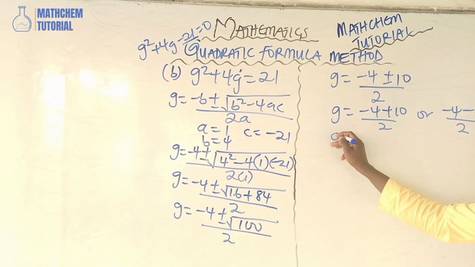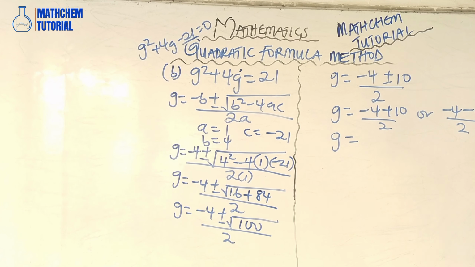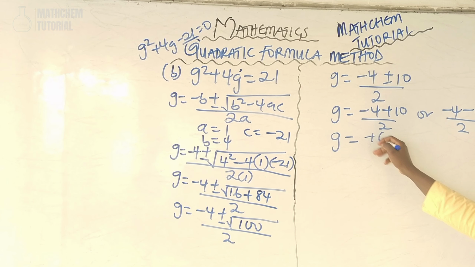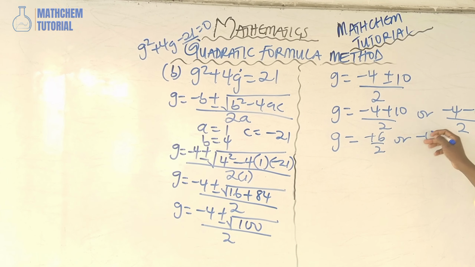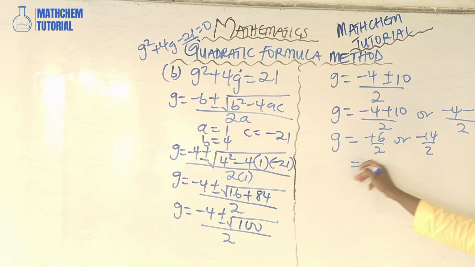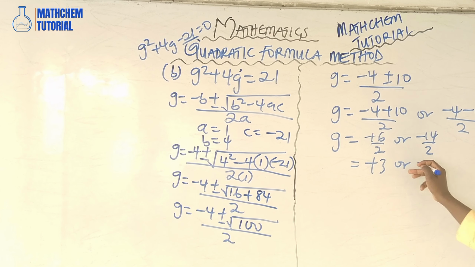So finally, my g will be equal to minus 4 plus 10, that is what? Plus 6 over 2, or this is minus 14 over 2, and that is going to give me plus 3 or minus 7.